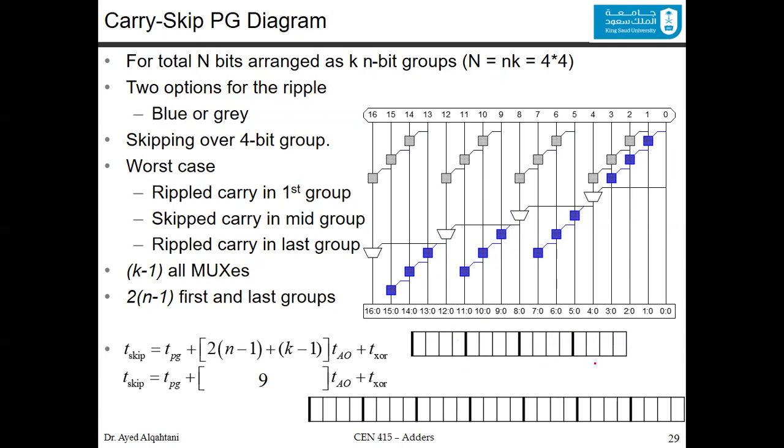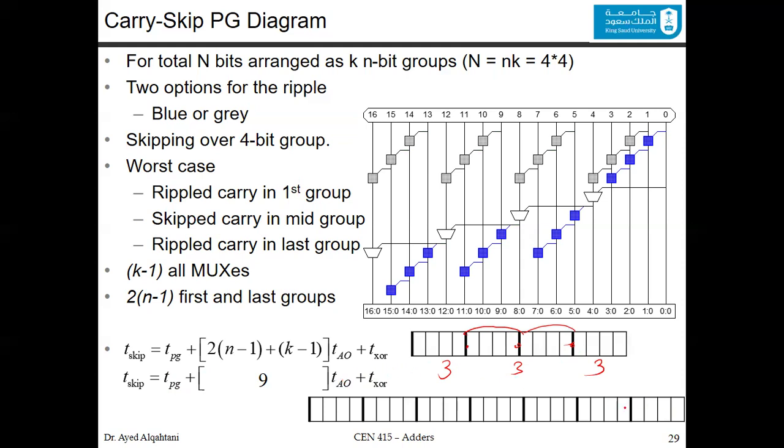What happens is that you have 3 and 3, and you're skipping. So that's 3 multiplexers, which is also 3. So you have 9. Plus the initial TBG and the last T XOR. And you multiply the 9 by T OR and AND.